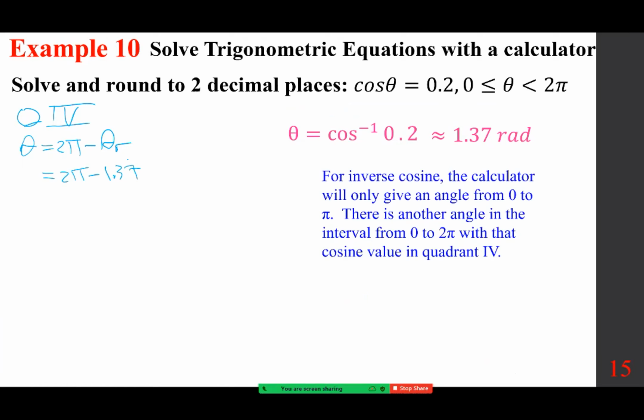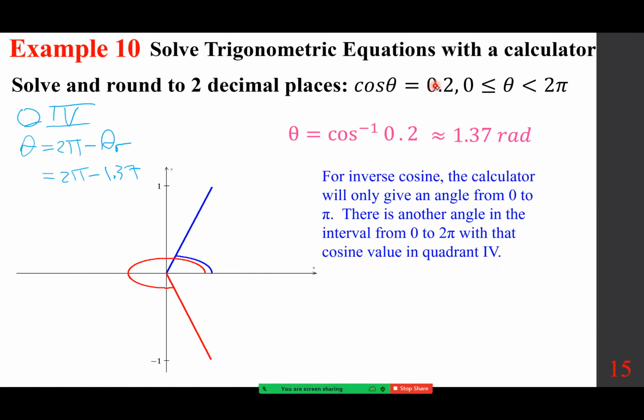So here's the explanation. For inverse cosine, the calculator will only give you an angle from 0 to pi. There's another angle in the interval from 0 to 2 pi with that cosine value in quadrant 4. The reason it's quadrant 4 is because it's positive. And so here's the angle you want to pay attention to. This is 1.37.